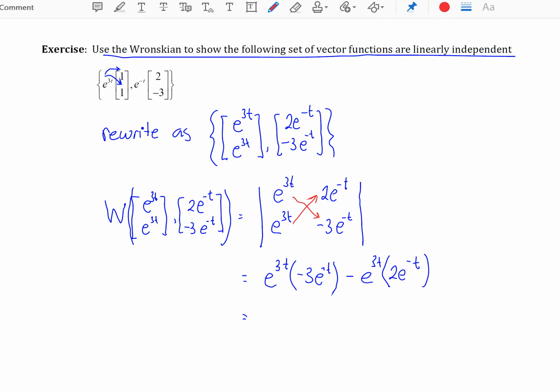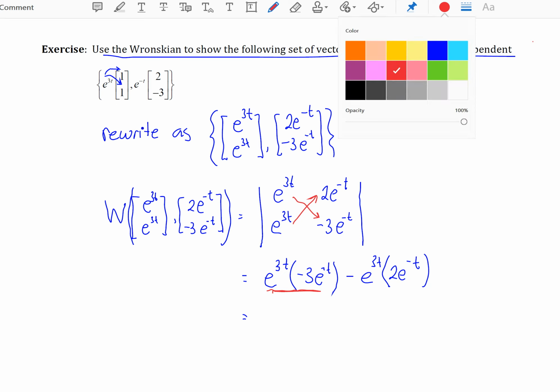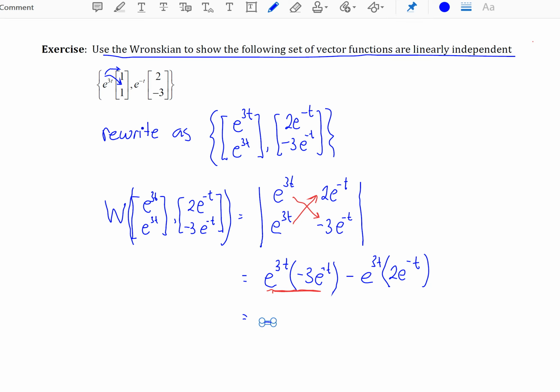And let's simplify each of these terms. The first product, e to the 3t times negative 3e to the negative t, would be negative 3e to the 2t using rules of exponents.